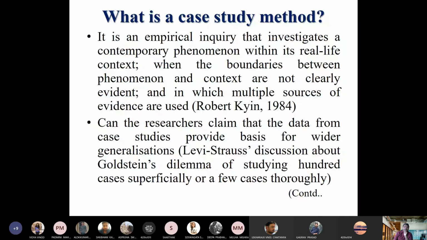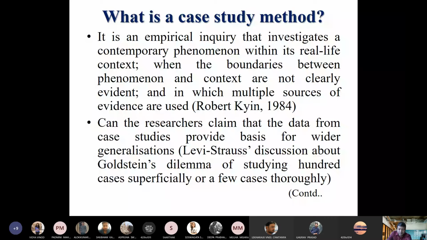Contemporary means what is happening within its real life context. It is doing an inquiry which investigates the contemporary phenomenon within its real life context, when the boundaries between phenomenon and context are not clearly evident, and in which multiple sources of evidence are used. Look at the very clear definition of the case study method.